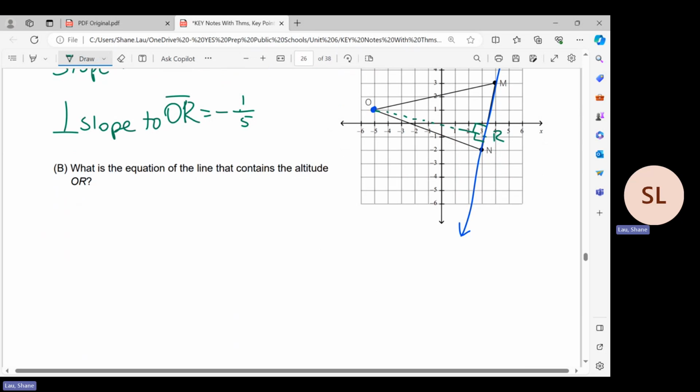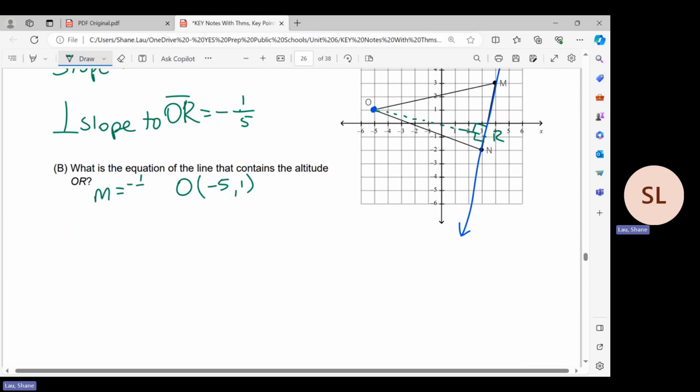From here, this is actually going to be easier than the previous problem. In this equation with the line that contains the altitude OR, again, we have some imaginary line OR. We don't know where point R is on this line, and we're not even going to find it. We only need one point, and that point is going to be O. So O is -5, 1. We're going to put this in our point slope form because we also have our slope.